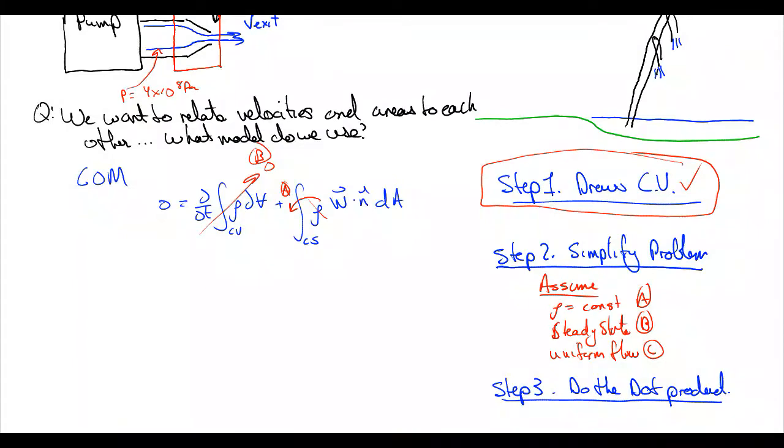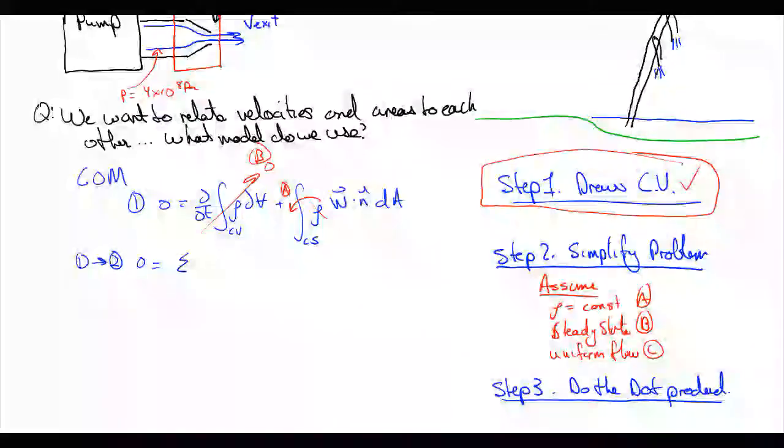C. So we're going to have, this is equation 1 to equation 2. We're going to end up with 0 is equal to the sum of rho times W dot n hat dA. Oh, not dA, sorry. We integrated, so it's just multiplied by A. Cool.